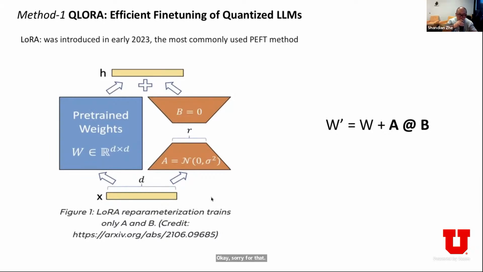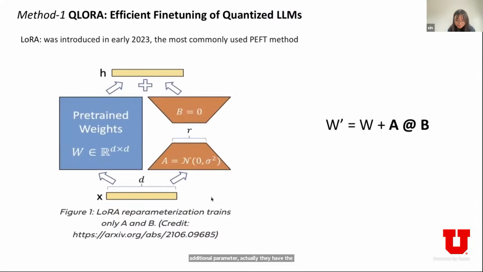So this is somewhat like the residual connection in ResNet, where there is a skip connection. But for this additional parameter, they have low rank.